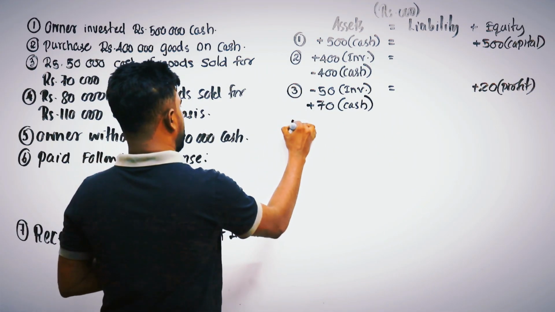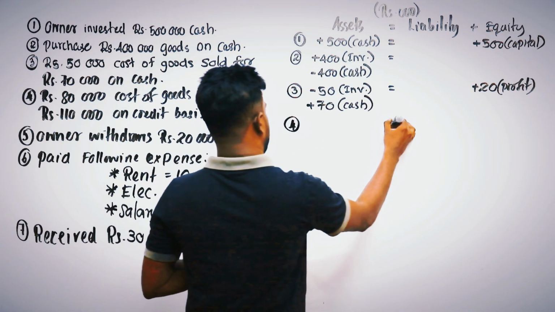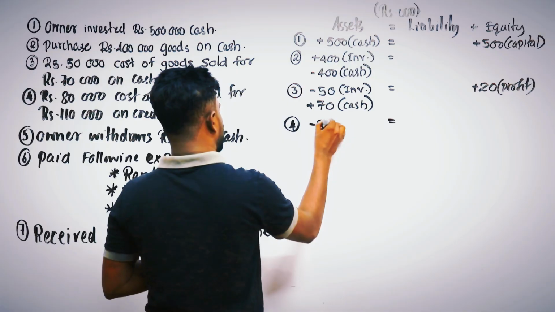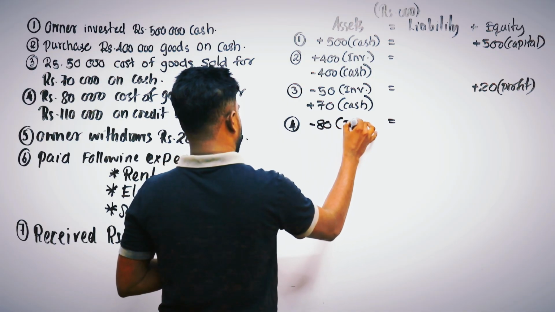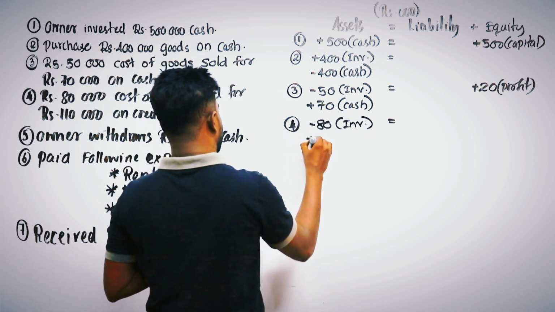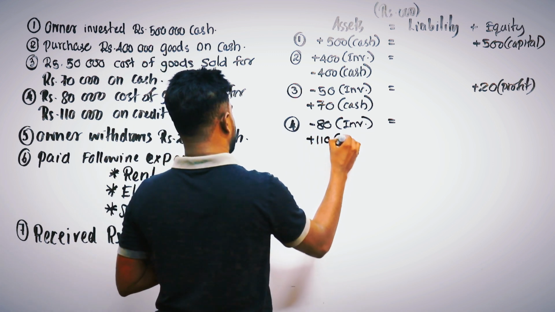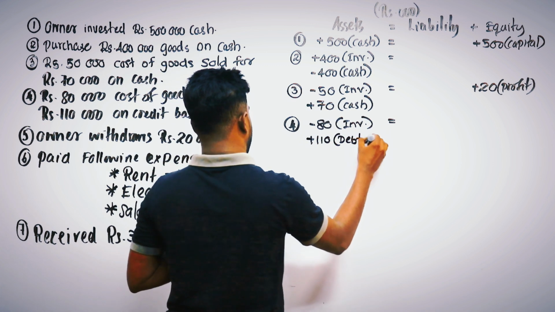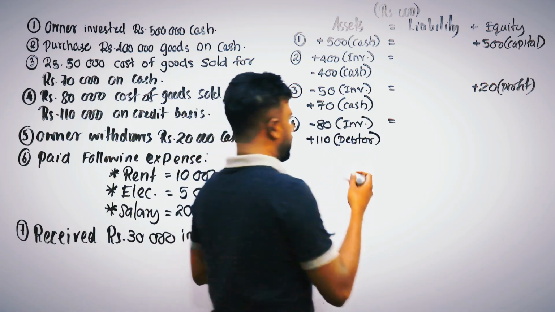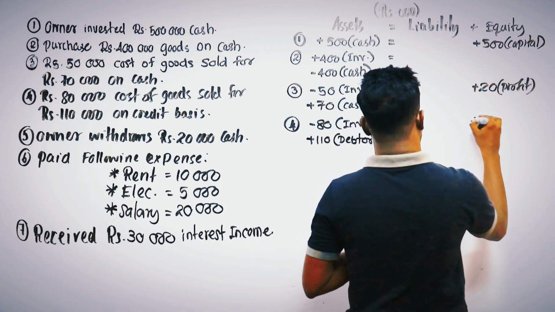Transaction number 4: 80,000 cost again sold, inventory asset decreased by cost, right. 110,000, but on credit basis, therefore it should be a debtor asset, right. Trade receivable, not received cash, so profit will be 30,000.